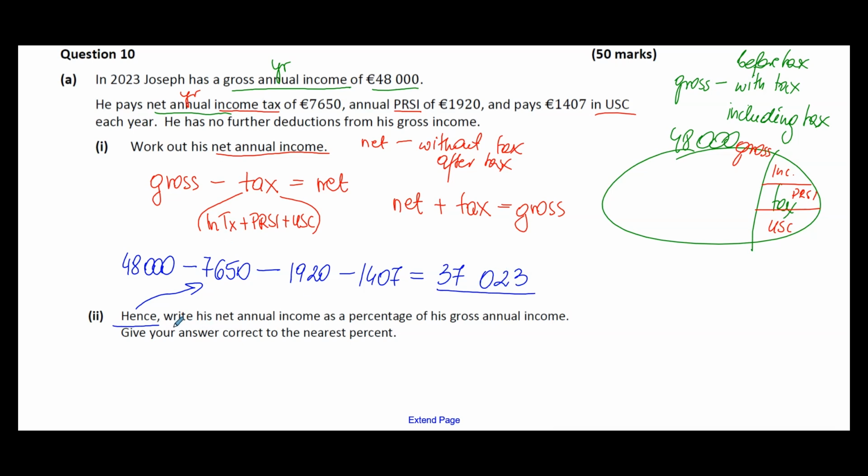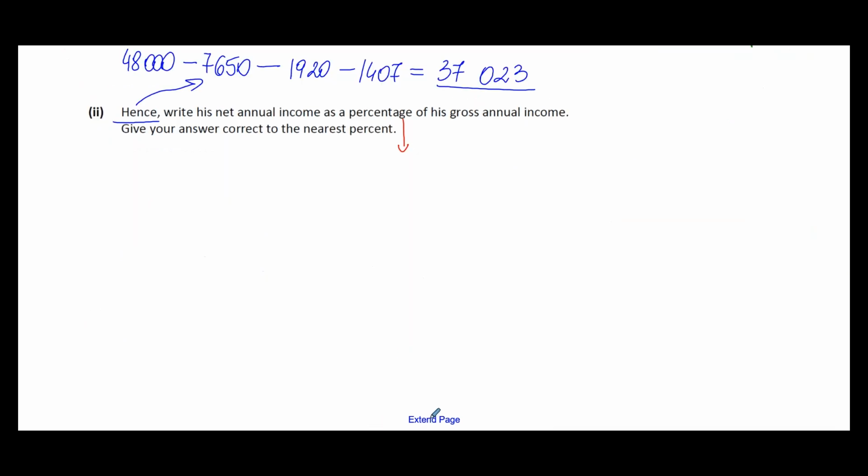With that, write his net annual income as a percentage. Once you see that word percentage, and in your exam you're always going to have one or two questions that say work out, calculate, find, or what is percentage, you are thinking about a fraction. So the question is what goes on top of the fraction and what goes at the bottom.